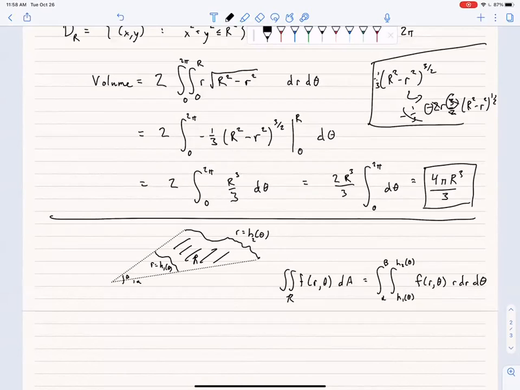Sometimes that's helpful if your domain has this kind of structure, but also your function should simplify a little bit when you put it into polar coordinates. Otherwise, this is not a very helpful thing.